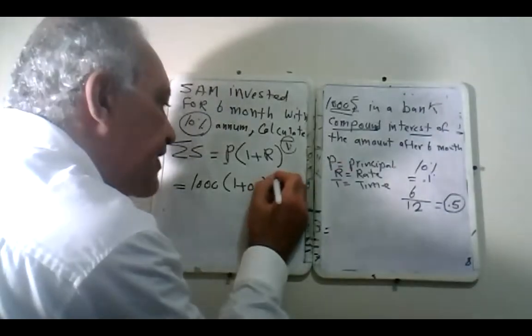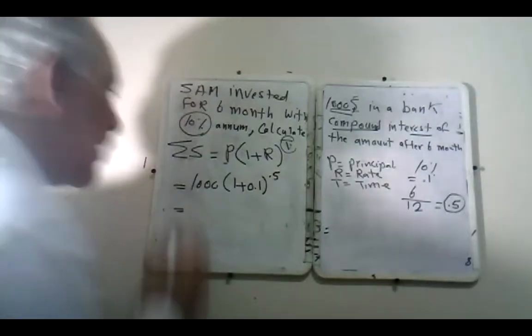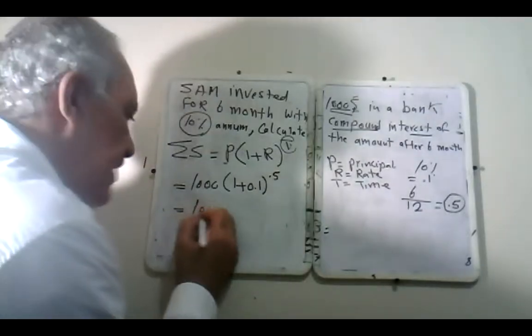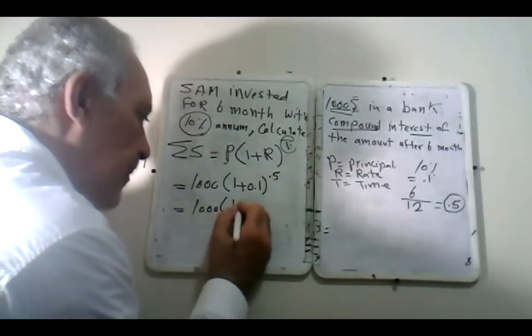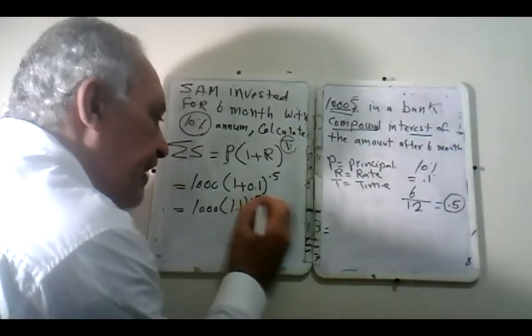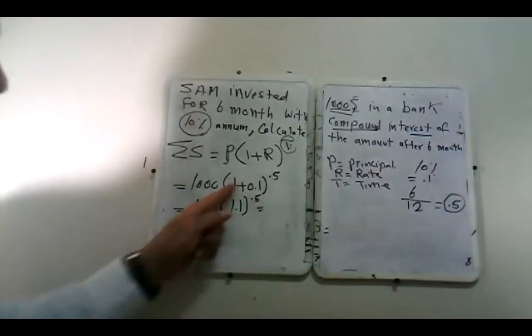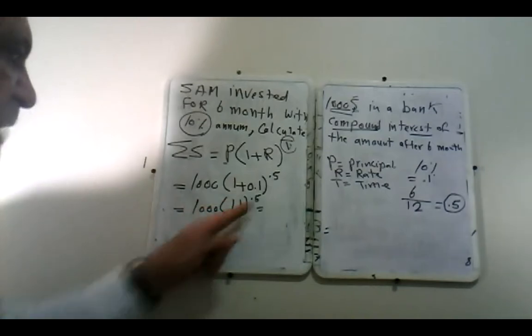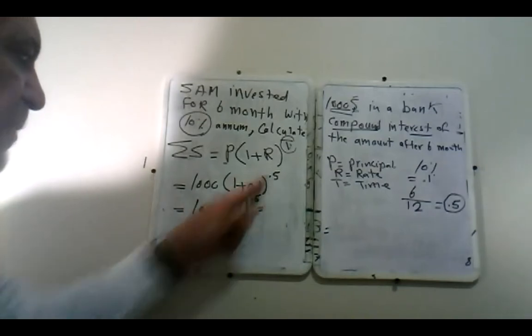So it's 0.5. Again, we'll do the same thing. $1,000 multiplied by 1.1, power 0.5. Like we said, 1 plus 0.1 is 1.1, power 0.5.